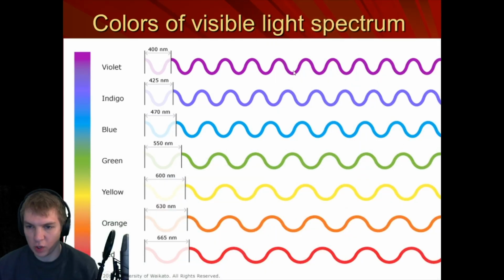So, going back to this chart here, if we were to expand the visible light and show you what the wavelengths look like, red has the largest wavelength and has the lowest frequency and the lowest energy. Over here, violet has the shortest wavelength, highest frequency, and highest energy out of all the lights. So just recall that the different colors of light do have different amounts of energy. Violet is going to be the most intense, and red is going to be the least intense.